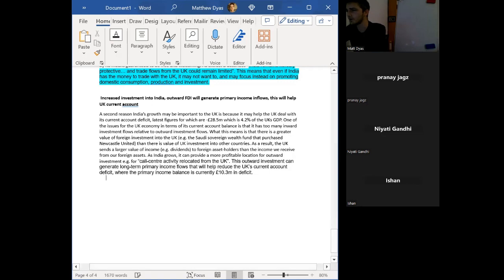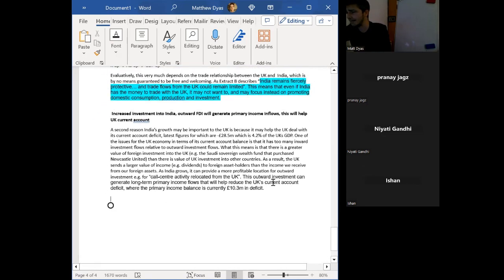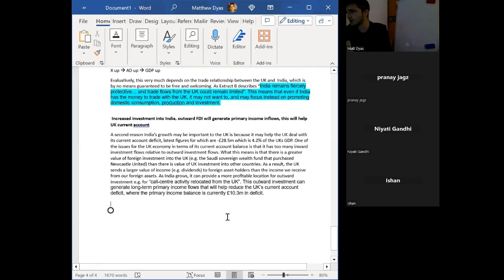So, okay, for evaluation, there's quite a few ideas here. I think we could potentially use the extract and talk about the lack of infrastructure in India and how it might not be an attractive place for investment, even if it's growing, because of the lack of rail and transport.